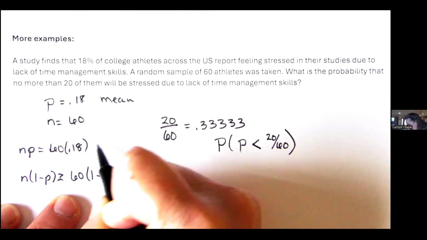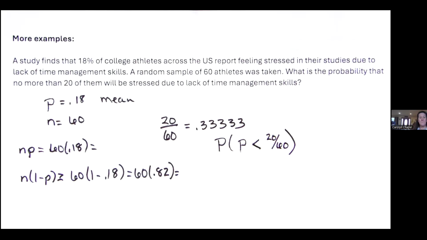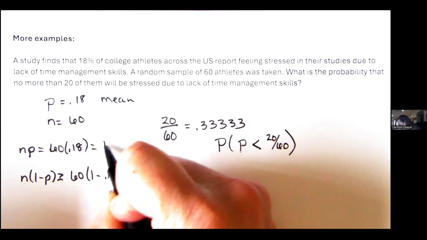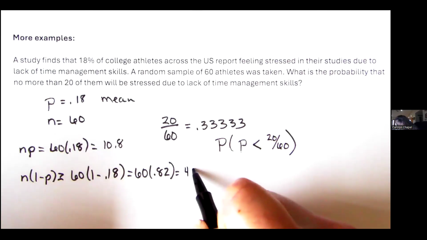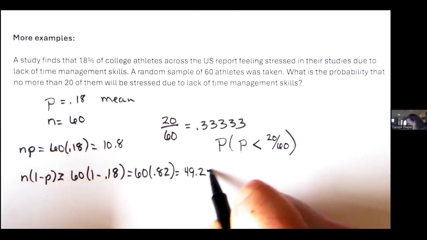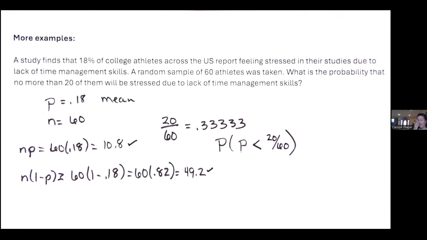Get both of those values here. 60 times 0.18 is 10.8. Ooh, not. And then the other one is 49.2. So both of those are bigger than 10, so it is normal. So I will be able to go to SALT and figure this out.